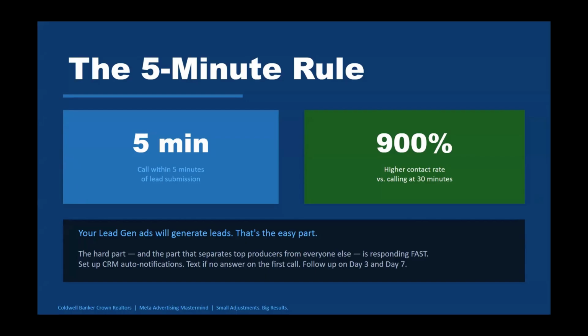Now, the goal is always to call right away. If you can't call, send a text. If you can't send a text because you're literally in the middle of showing a property or you're giving your kids a bath, then just leave it. That's okay too. There will be more. There's lots of fish in the sea.